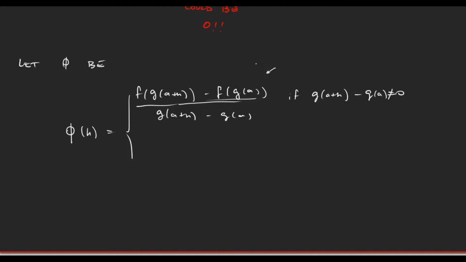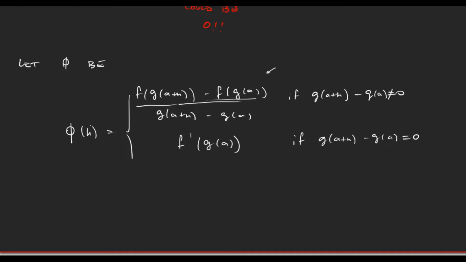And when that happens, it is clear that this quotient tends to, when h tends to 0, to f prime in g of a. This, I'm not going to prove it because it's kind of intuitive.